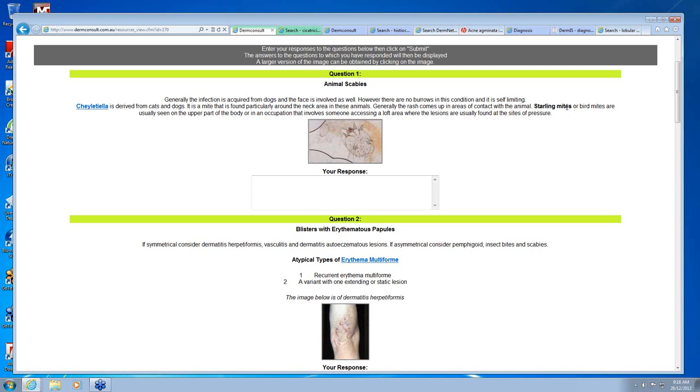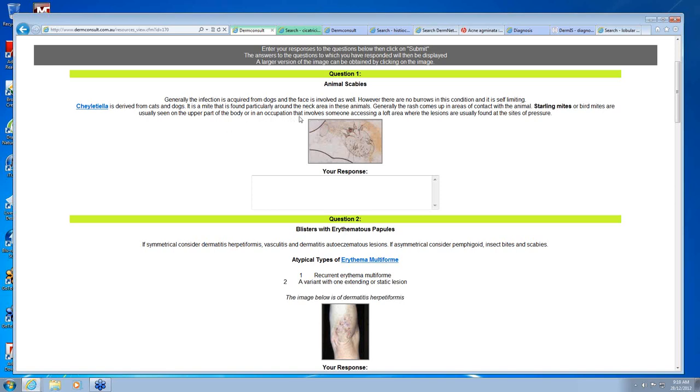What about starling mites or bird mites? These you'll tend to see in summer months. They usually are in nests in the roofs. And if the mite comes out on a warm night when the window's open, then the mites can come in through the window and they'll tend to give a papular urticaria eruption on the exposed parts of that individual.